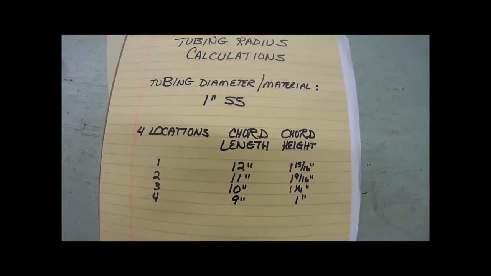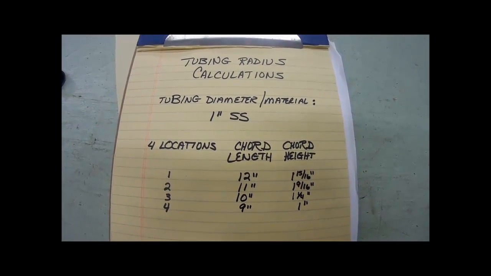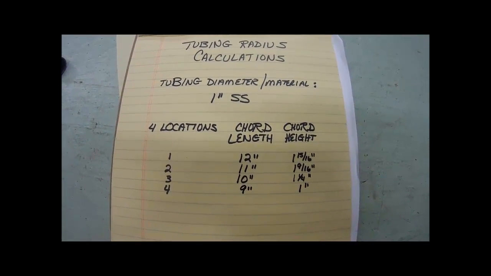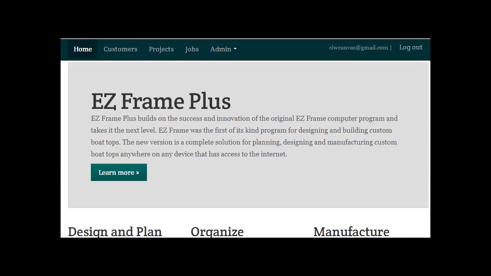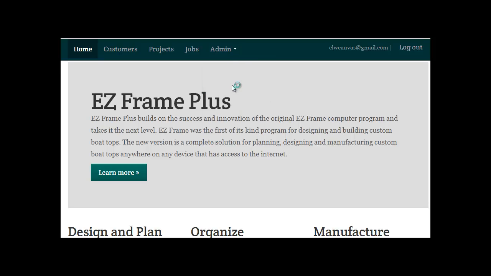Now we've gone ahead and done ours, and the next thing is to go back to your computer and EasyFrame, and we'll show you how it actually calculates that out. Now that you have your chord measurements, log into EasyFrame Plus, go to the Admin button, and click on the Radius Calculator.